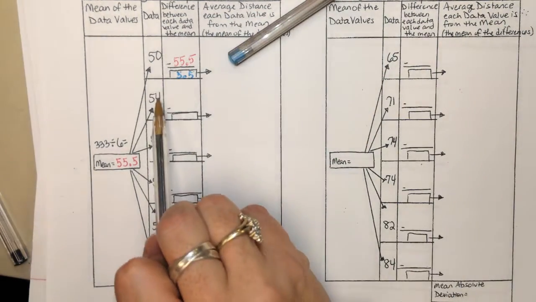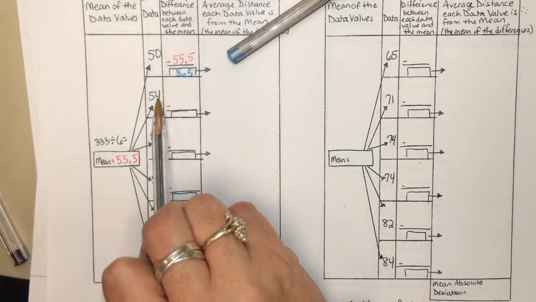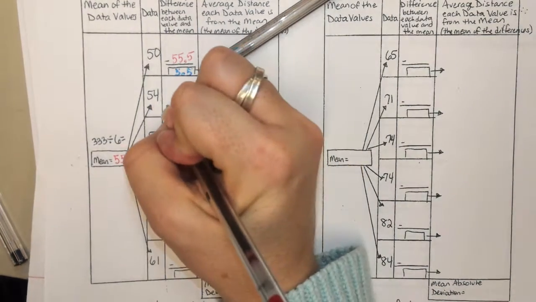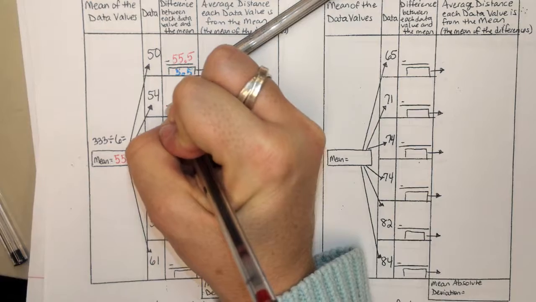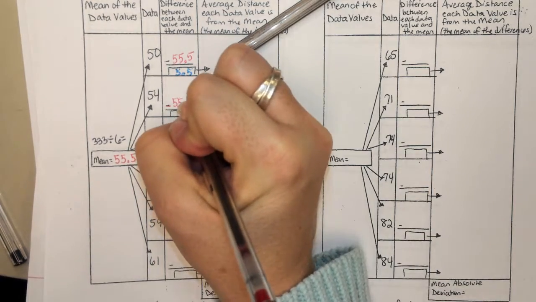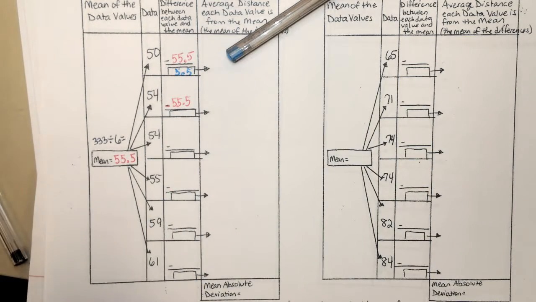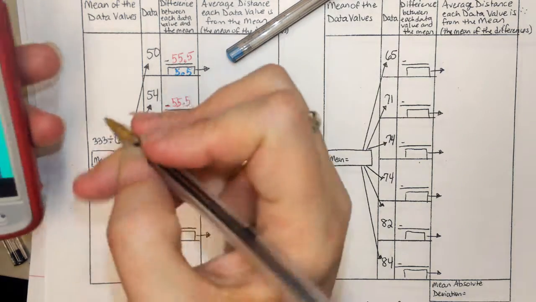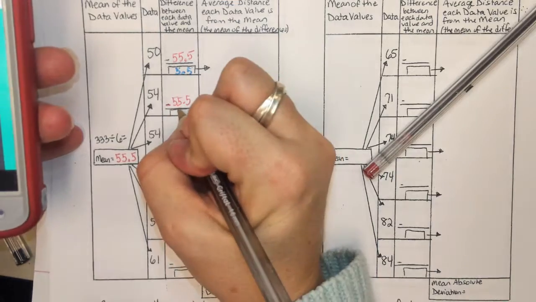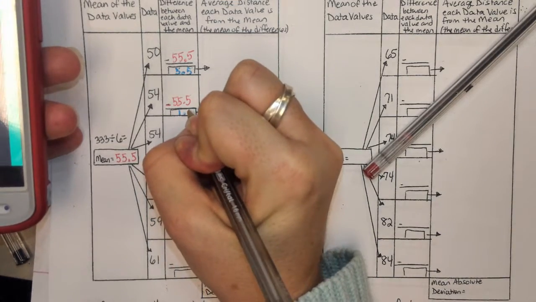Listen, you're taking every data value, like 54. It tells you right here what to do, minus the mean. So, in your calculator, put 54 minus 55.5 equals negative 1.5. So, change it to 1.5.